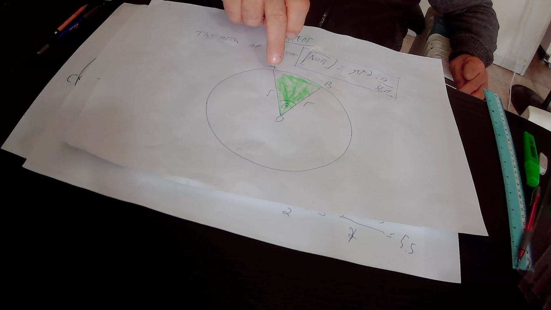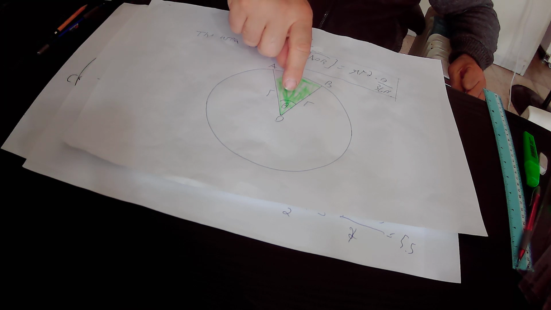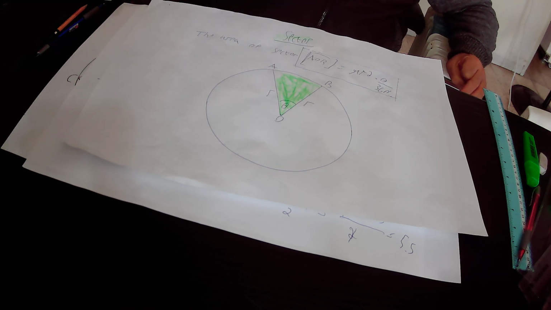Both legs are radii of this circle, equal to R, therefore they are equal to each other. It also consists of arc AB, the arc between the legs AO and BO. The angle between the legs AO and BO is this angle theta.